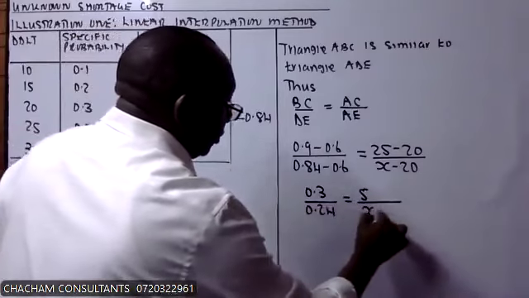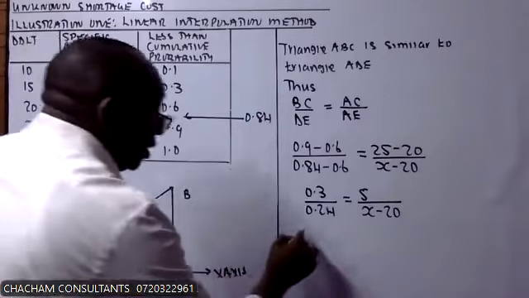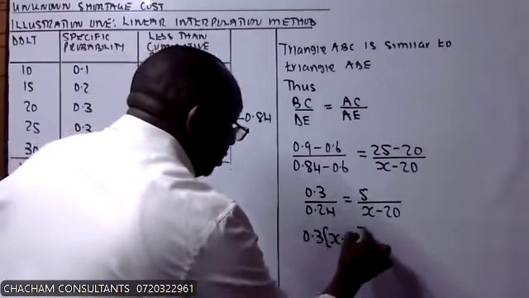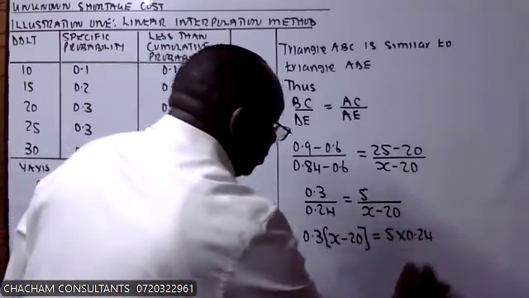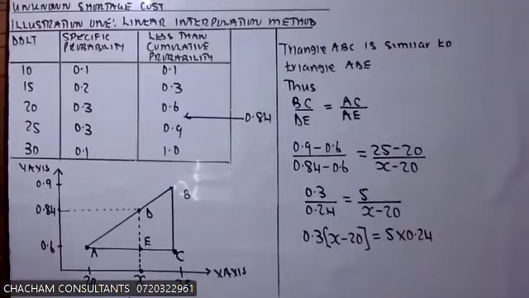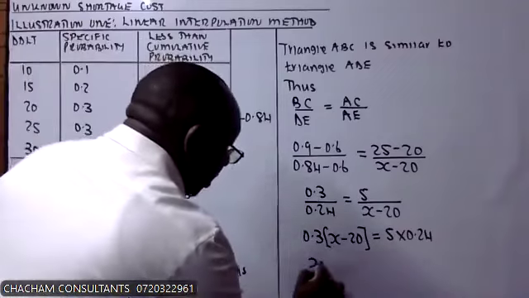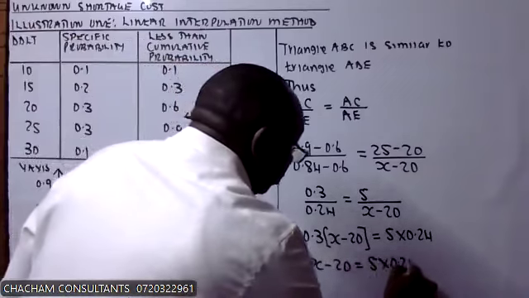And this is X. So when you start solving, this becomes 0.3 times X minus 20 equals 5 times 0.24. So we go on, we say X minus 20 is equal to 5 times 0.24.